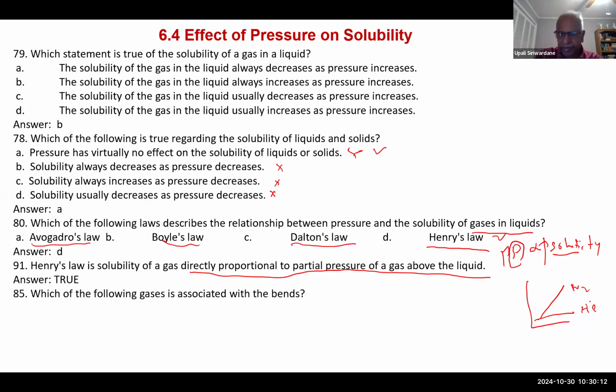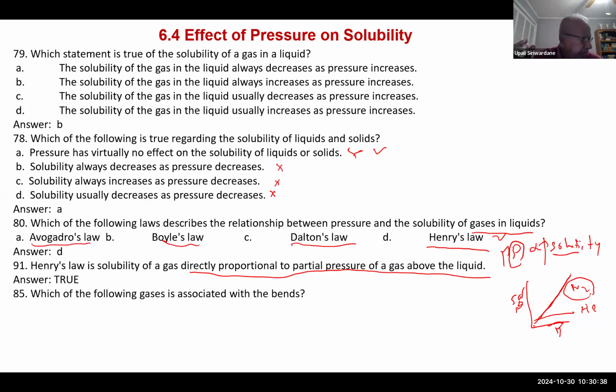Oxygen is okay, we need oxygen. Nitrogen has a steeper pressure-solubility curve, a higher slope.